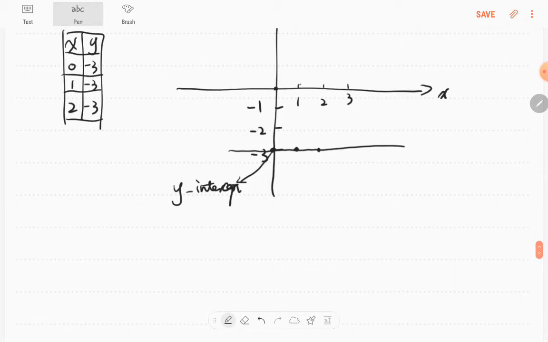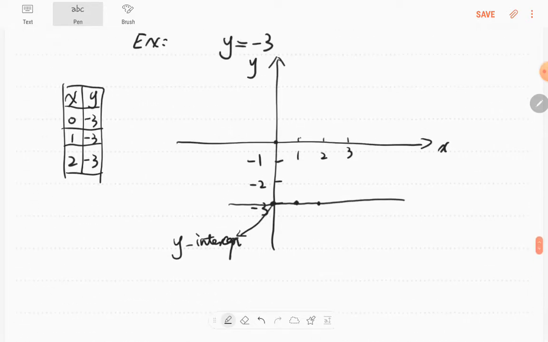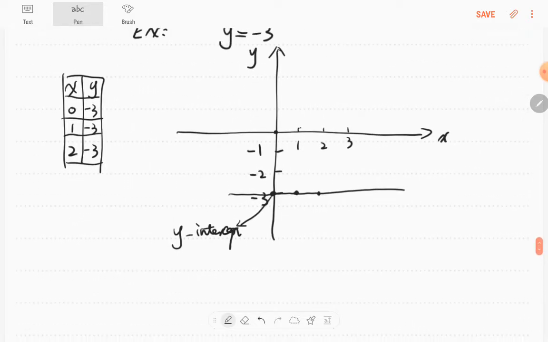The y-intercept will be at x equal to 0. Then y is that value, because y is always a fixed number in this case. So for any y equal to a fixed real number c, we will always get a horizontal line.